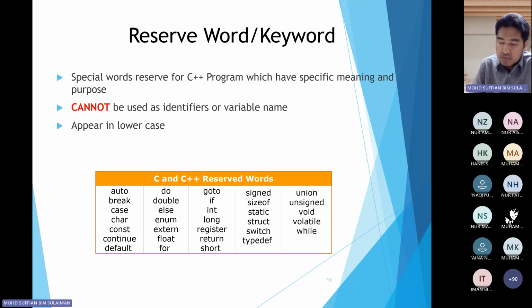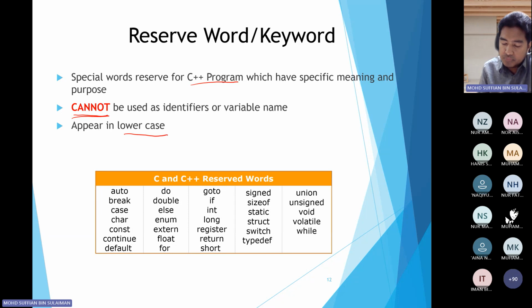Okay, this is the reserved word. Reserved word or keyword. It is a special word reserved for C++ programs, which has a specific meaning and purpose. It cannot be used as an identifier or variable. Tak boleh jadikan sebagai variable. They appear in lowercase.